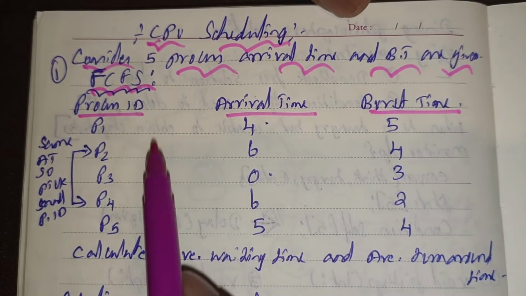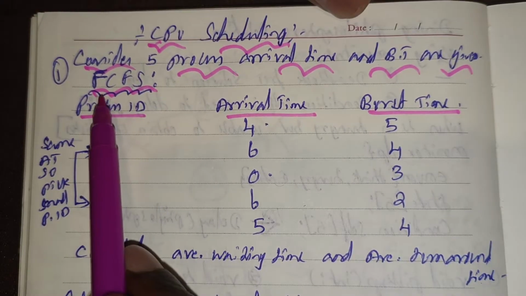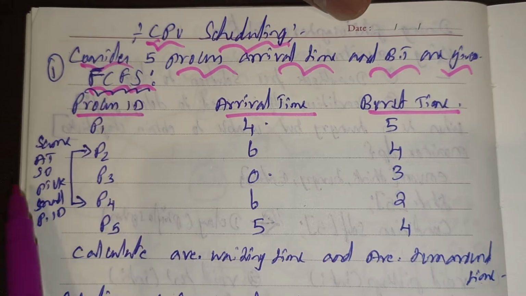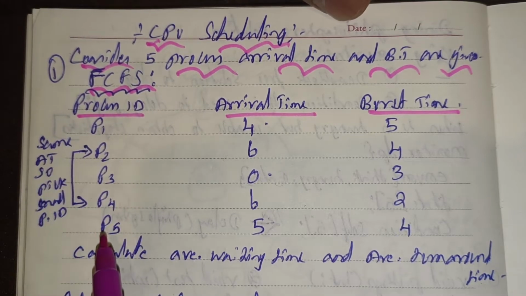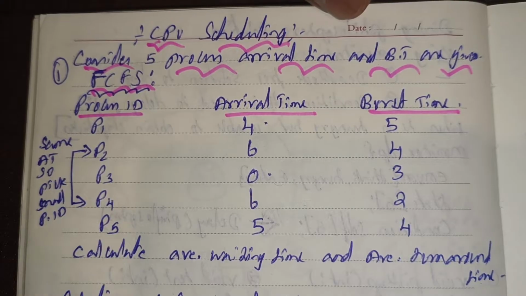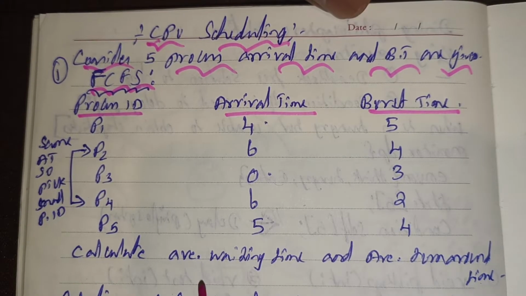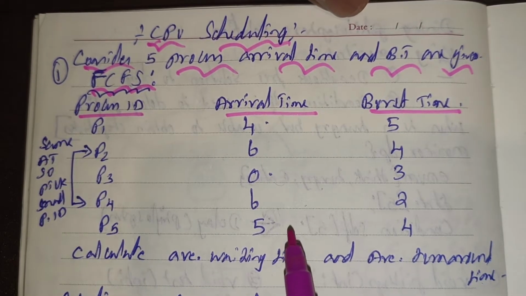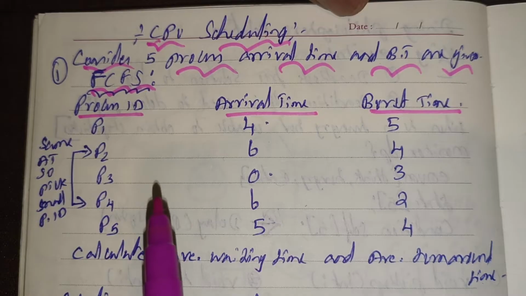So now I am going to take the first algorithm, that is first come first serve. We have preemptive and non-preemptive structures. Non-preemptive means it takes each process that comes first, even with the longest burst time, and completes the task.